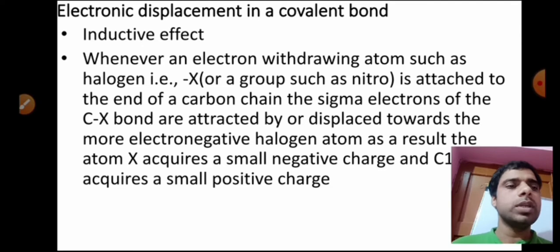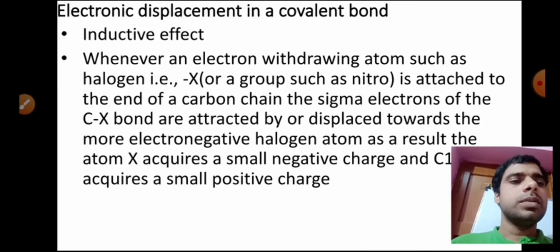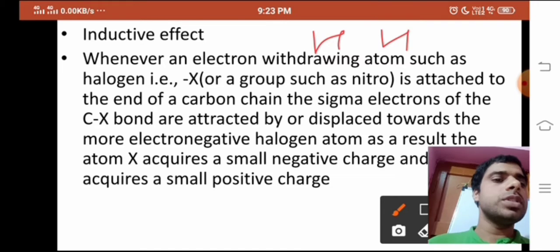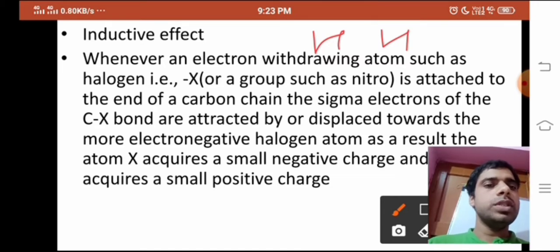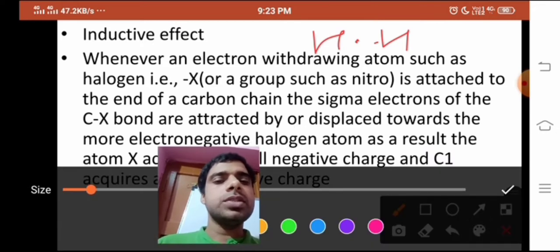First of all, you have to understand that suppose I have taken the example of H2, two same elements. One electron is from this hydrogen, and one electron is from this hydrogen. If there are the same elements, there is no issue.